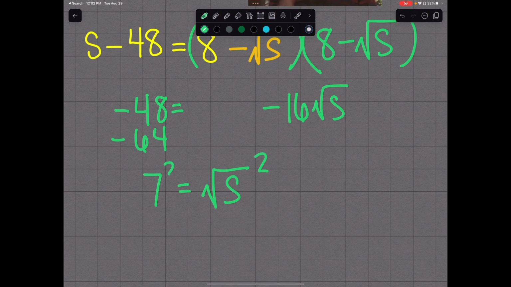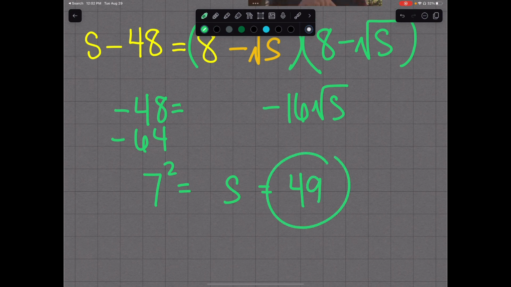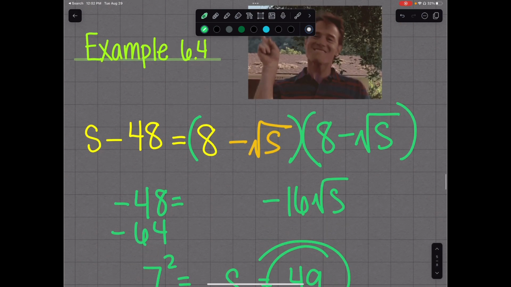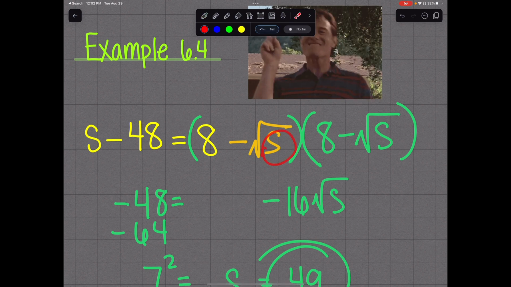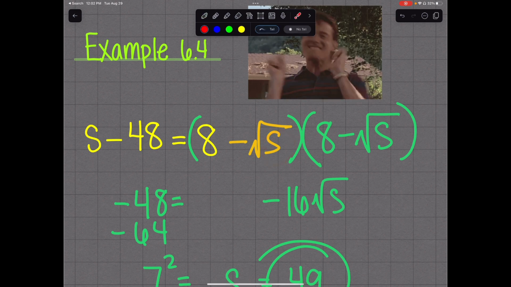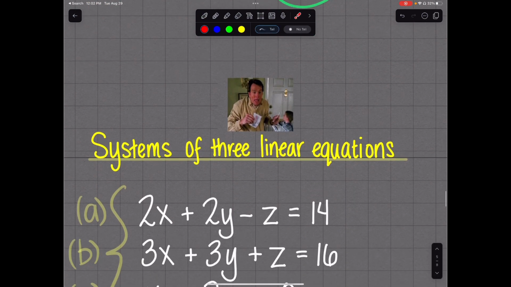Square this, and when you square it, this cancels this out, and you've got s is equal to 7 squared, which is 49. Final answer. All right, you can plug that back in if you want to check your math without getting out the book. Plug that back into where these s's are and make sure you get something that equals something else.